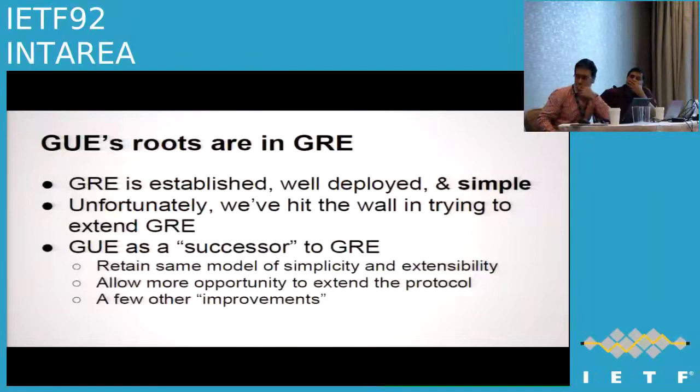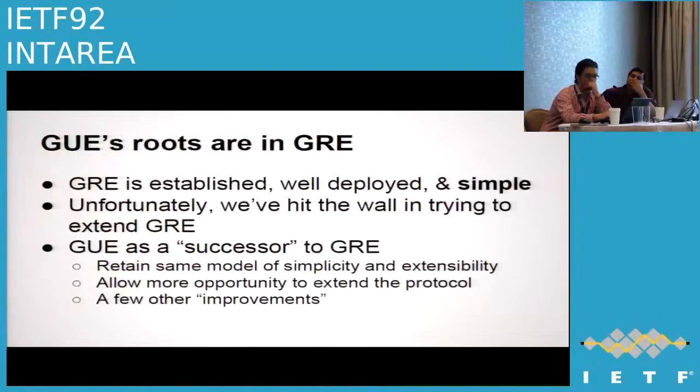So GU, you can think of as a successor to GRE, or a potential successor. And in it we try to keep the same model of simplicity and extensibility. We want opportunities to extend the protocol, so that's a big part of this. And while we're at it, add a few improvements that you might have wished we had in GRE.